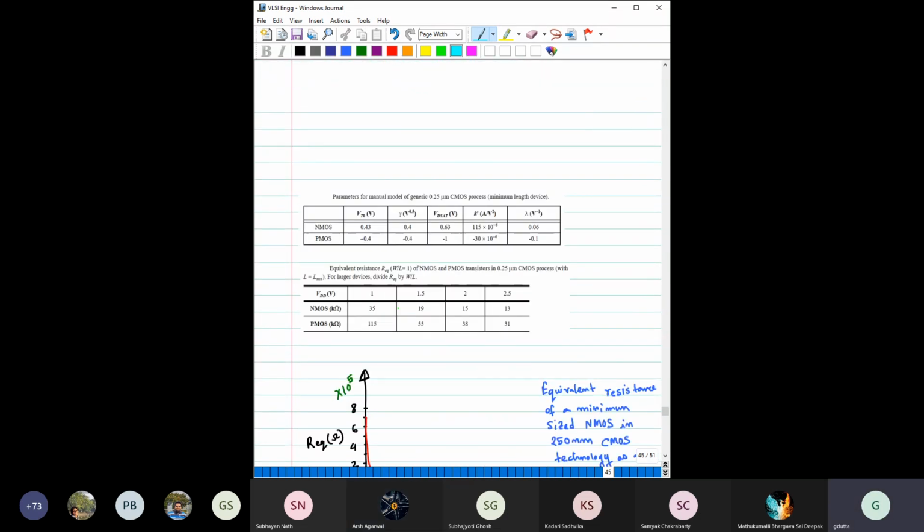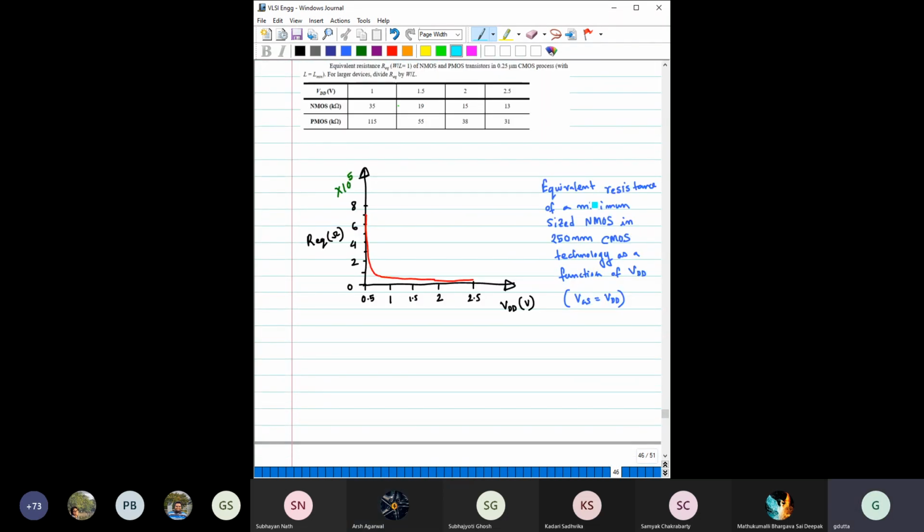If you actually plot this from simulation, it comes something like this. Here we have plotted R equivalent for NMOS. When VDD is close to the threshold voltage of the transistor, there is a sharp increase.